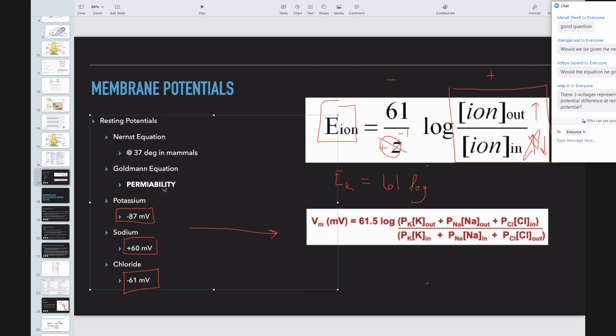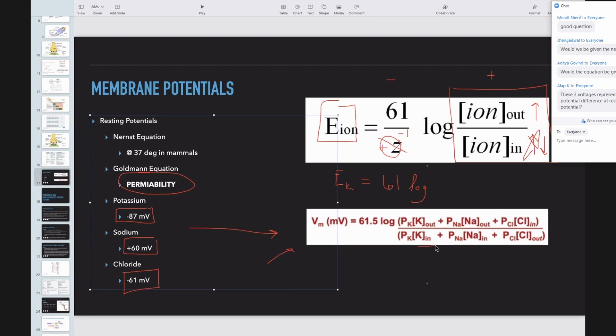But the key to the Goldman equation is permeability. So permeability is what's going to give us our resting membrane potential. What do we mean by that? It's how permeable at rest this membrane is to each of these ions. So now what we're doing is we're essentially taking the Nernst equation and combining it for all of the ions.